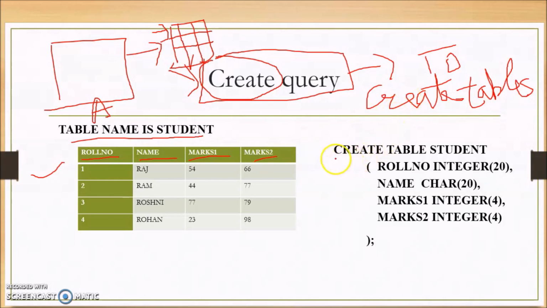So first you would write create table. This is basic and predefined, so we would always be writing create table. Then what is student? As we have learned, student is the table name. So after create table there comes the table name. Here we have the student table, so we are writing student.